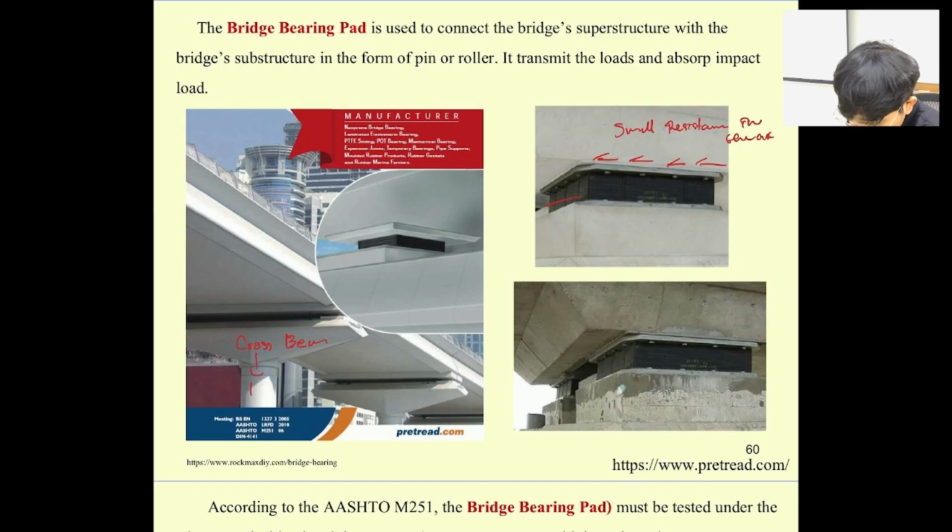Basically, the cross beam connects over here, and then they put the bearing pad over here in order to change the support from fixed to just only. Can you guess what this support is? Is it pin, fix, or roller? It's supposed to be roller, right? Because when you put it here, it's going to resist this one.